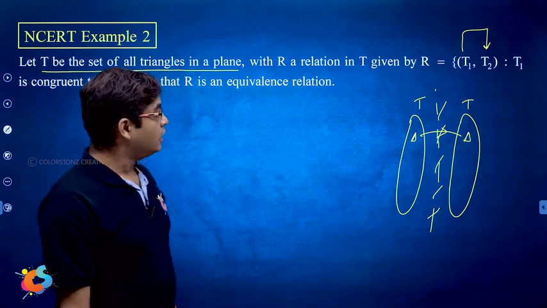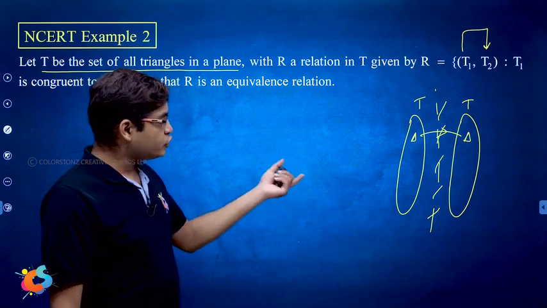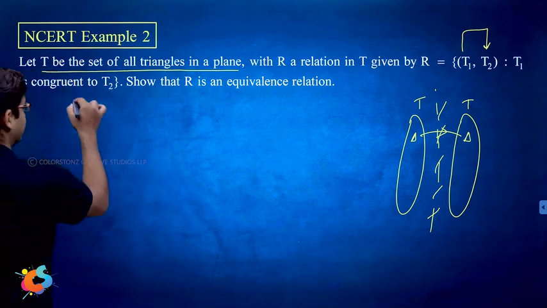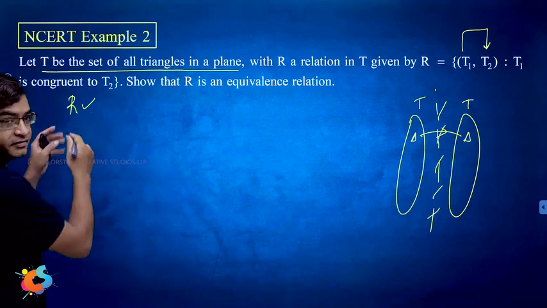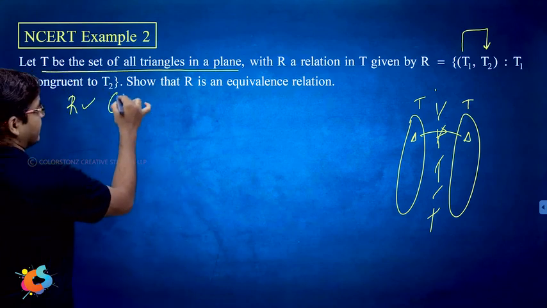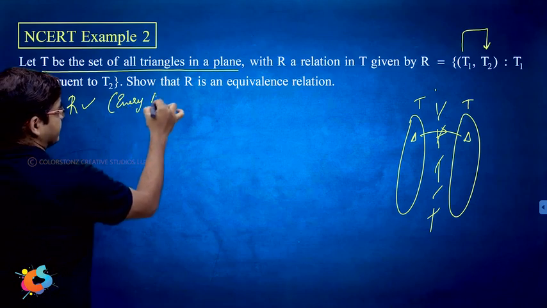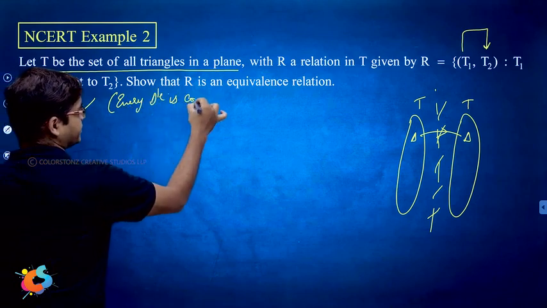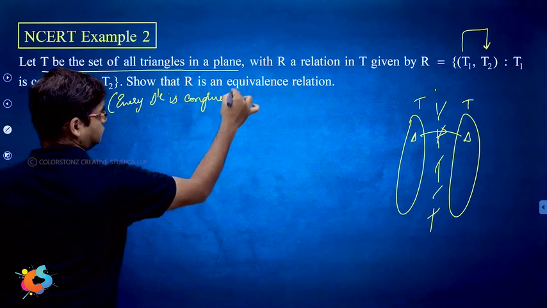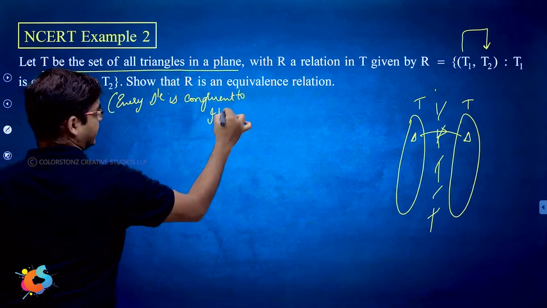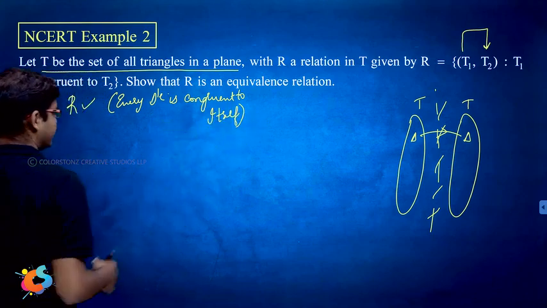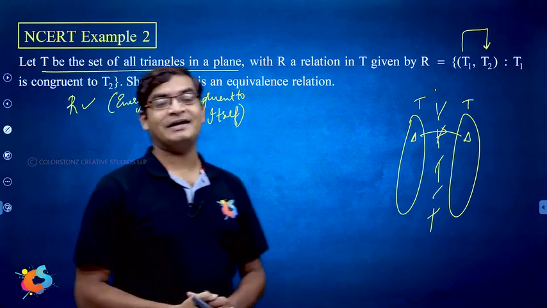Simple. That's all. This is reflexive. What is the reason? Every triangle is congruent to itself. This is for the reflexive relation.